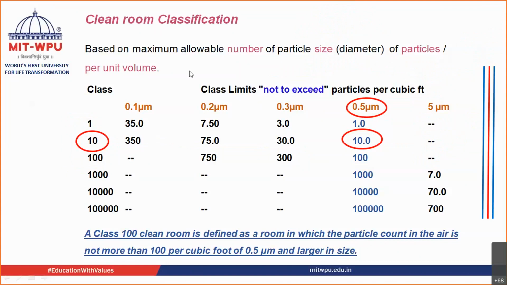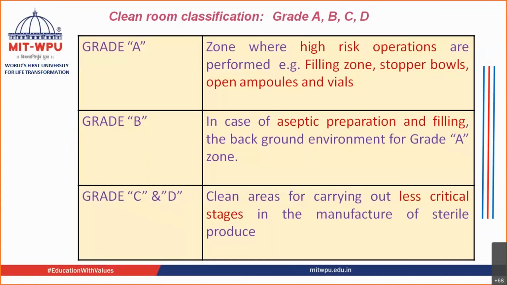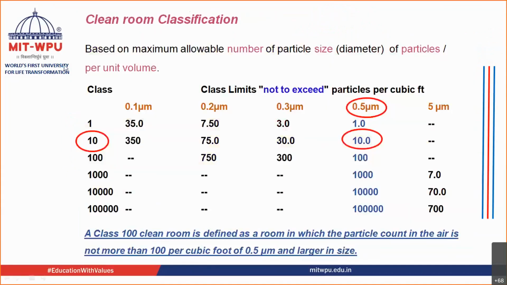So it basically controls the number of particles present inside the room. Class 1 is the cleanest area. Class 10 is a less clean area as compared to class 1. Class 100 is a still less clean area. Class 1 is used where the filling activity is carried out, which is a high risk activity.